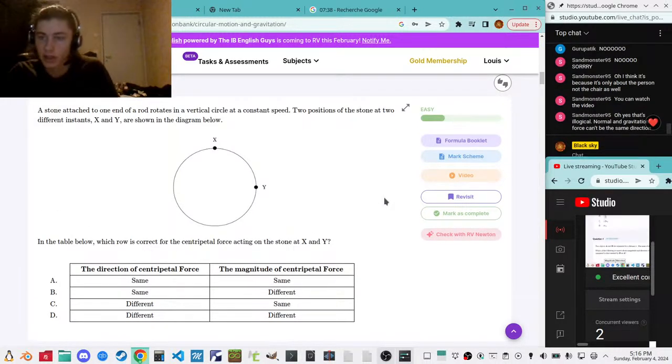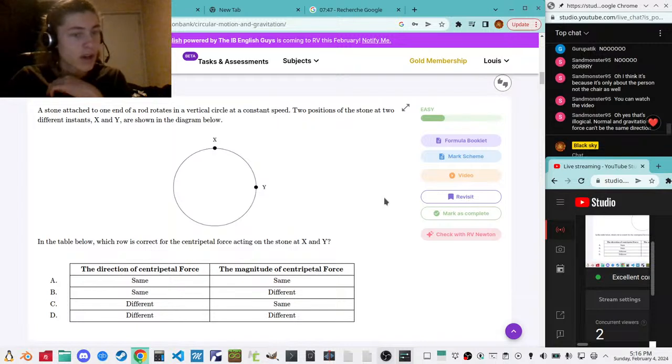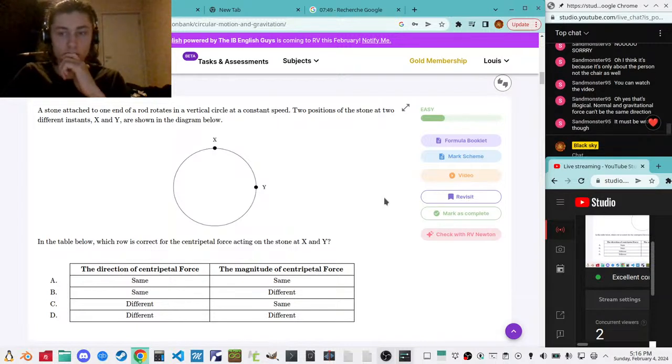A stone attached to one end of a rod rotates in a vertical circle at a constant speed. Two positions of the stone at two different instants x and y are shown on the diagram.